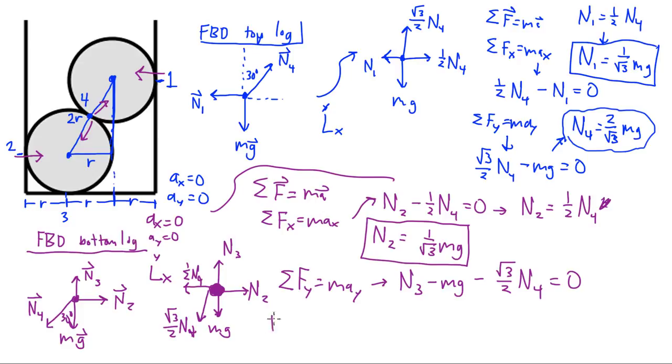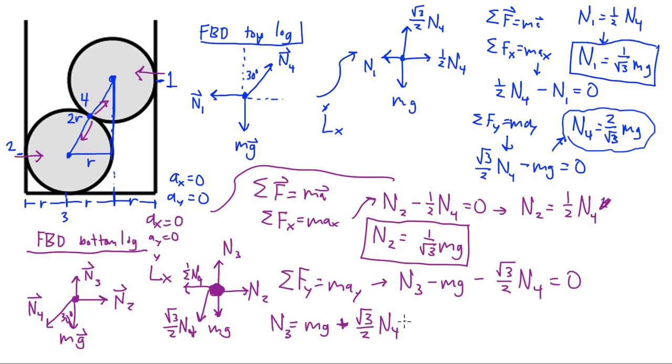So let's go down and say N3 equals mg. Okay, we're flipping these things to the right-hand side. Plus √3/2 N4.